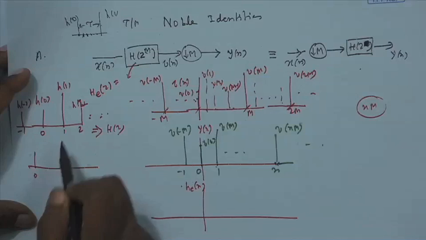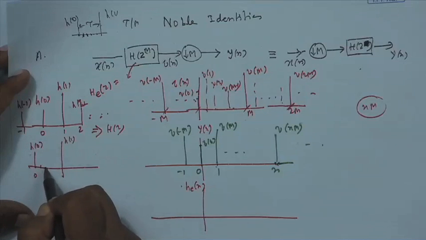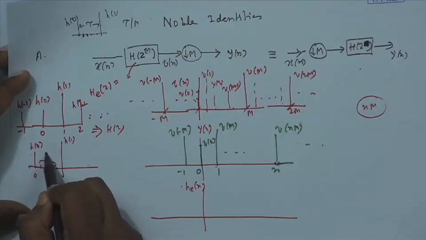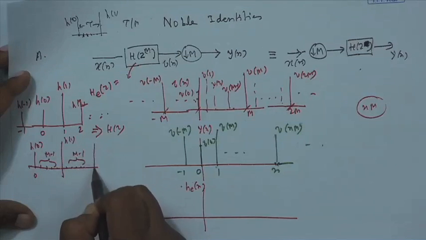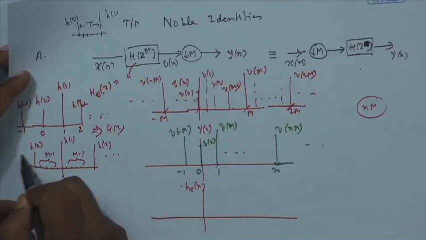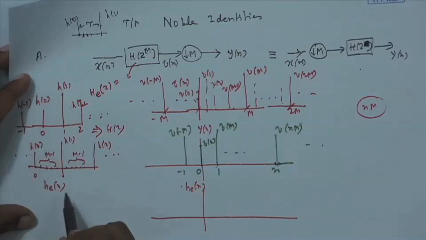So, this is 0, this is h[0], h[1], but you have got M minus 1 zeros, then again M minus 1 zeros, then I have got h[2] and so on. This sequence is the expanded sequence, and I call it h_e[n], the expanded version of this.